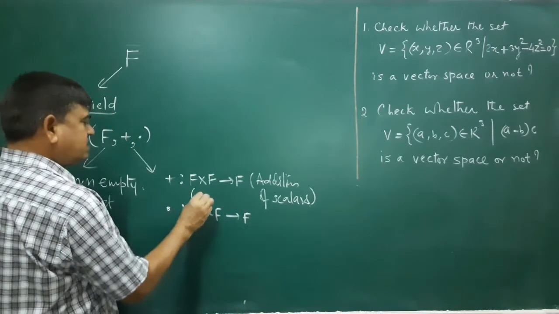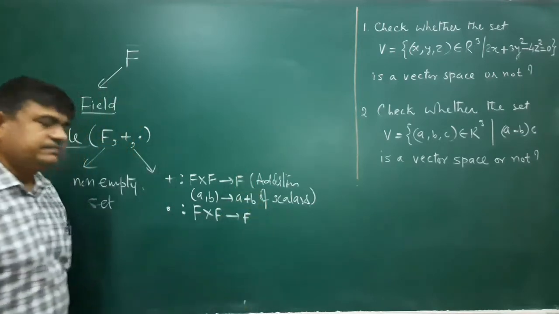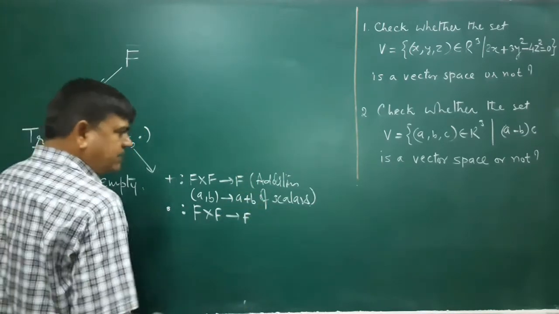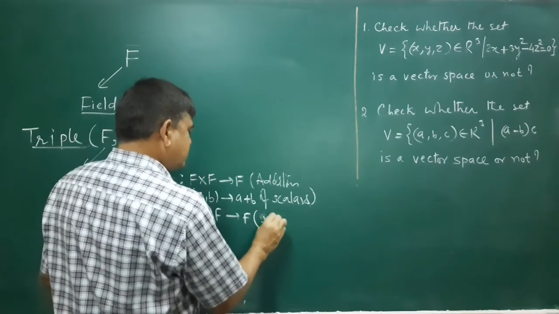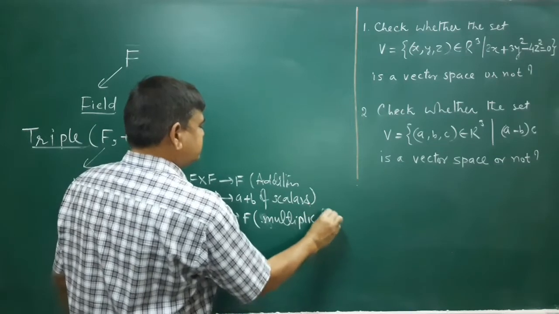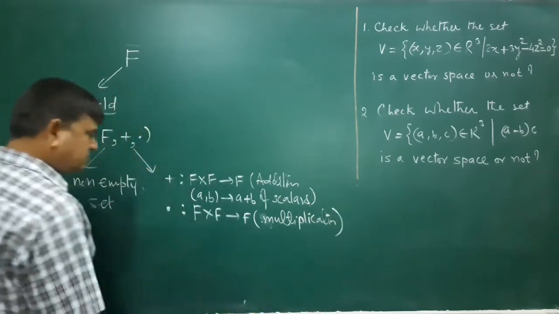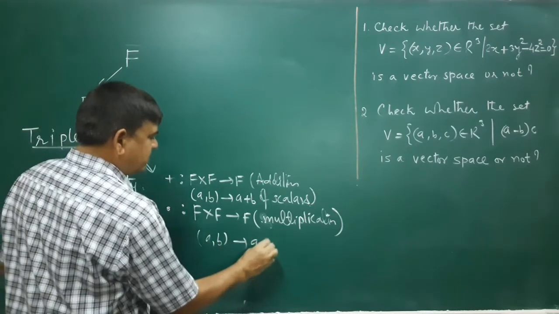Here it is (a, b) maps to a plus b. This one is multiplication. That means (a, b), the image is a dot b.